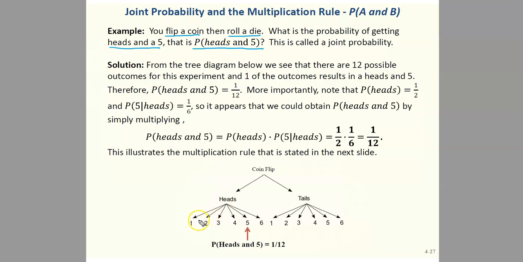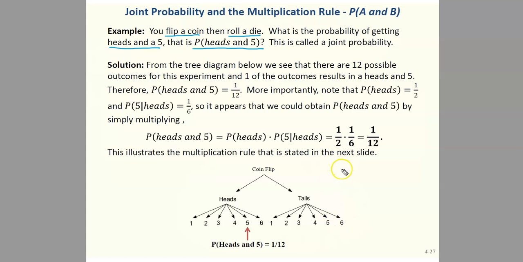You can get a 1, 2, 3, 4, 5, or a 6. So these are some outcomes that you can get for the experiment. You can get heads 1, heads 2, heads 3, heads 4, heads 5, and heads 6. Now if you flip the coin and you got tails, you can also get, when you roll the die, a 1 through 6. So you can get tails 1, tails 2, and so on out through tails 6.